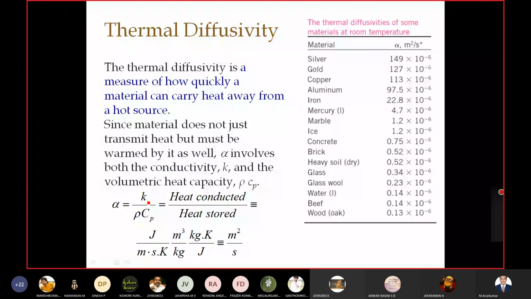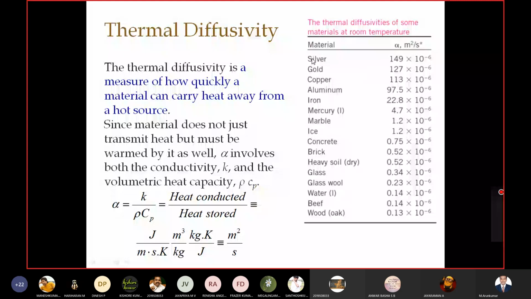That is heat conducted divided by heat stored, and the unit is approximately meter squared per second. The heat conducted unit is joule per meter second Kelvin, divided by kg per meter cubed times joule per kg Kelvin, giving approximately meter squared per second. We can get thermal diffusivity values for different materials from tables at room temperature.